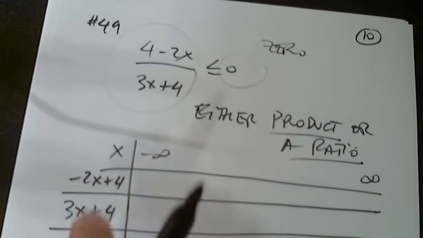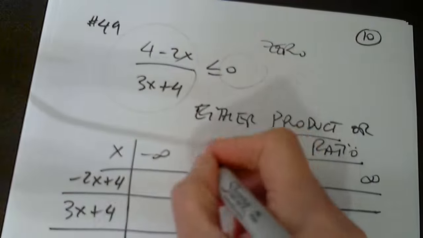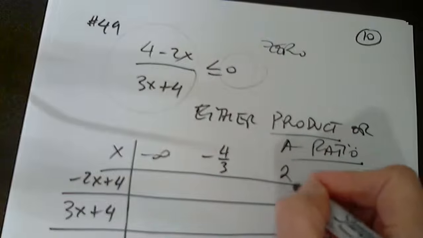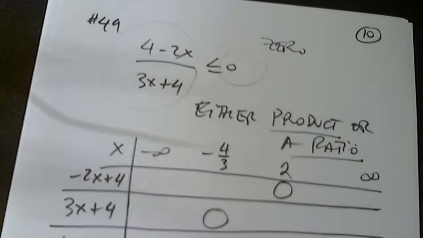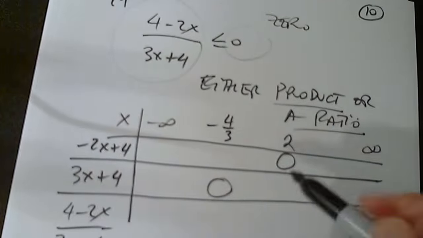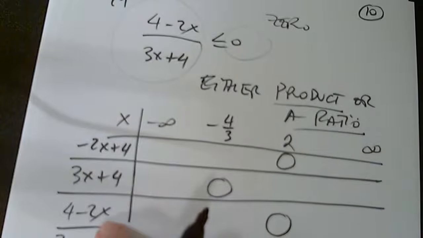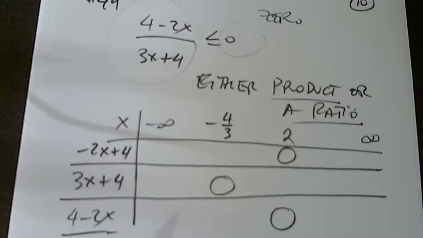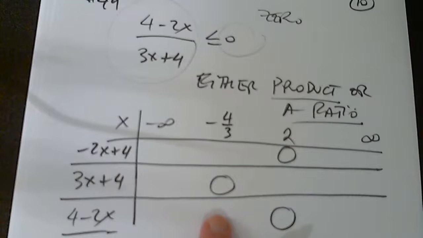This is 0 at 2, and this is 0 at -4/3. So -4/3 and 2. At 2, because the numerator is 0, the fraction is 0. But when the denominator is 0, what happens here? When the denominator of a rational function is 0, what happens to the fraction or the rational function?